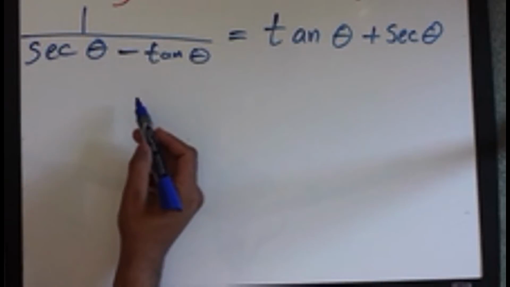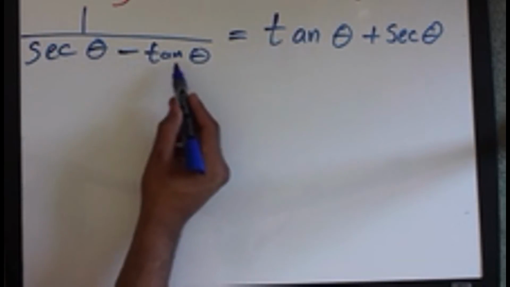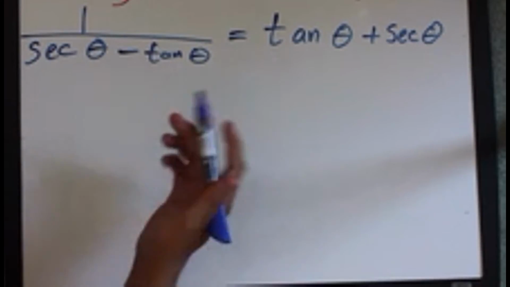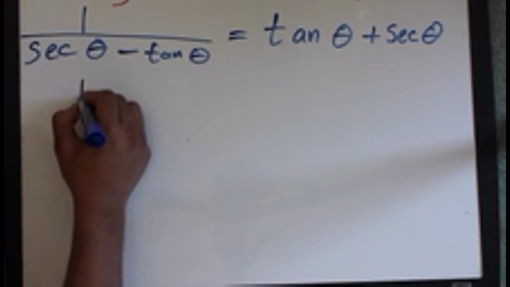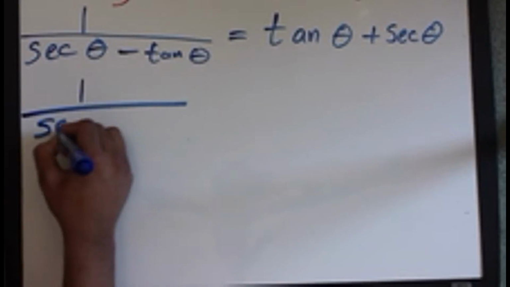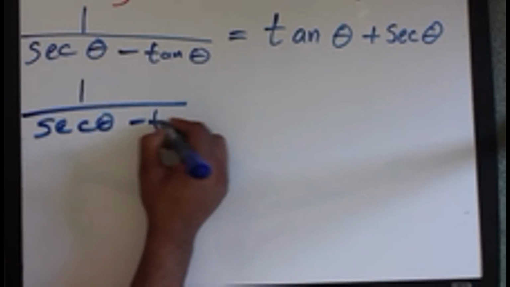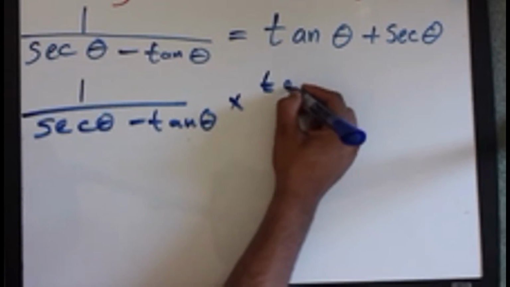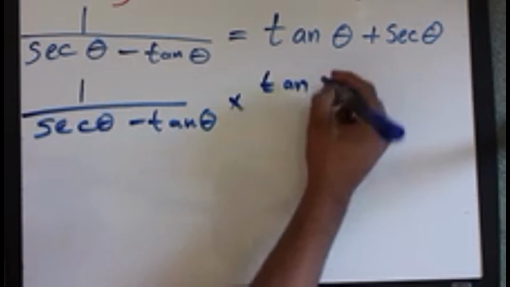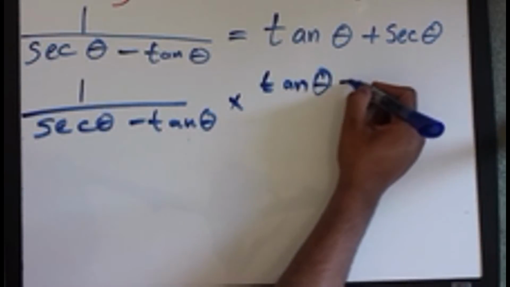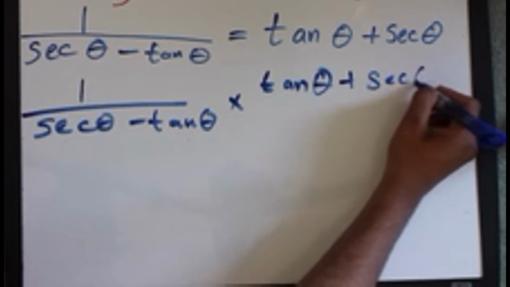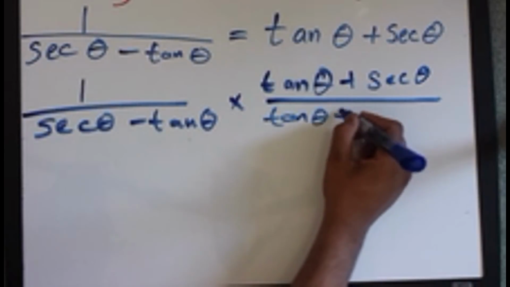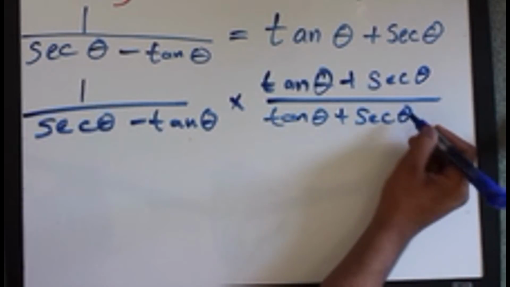First, the left side is the side that we're working with. We multiply the denominator with the opposite, basically the conjugate of it. So 1 over sec theta minus tan theta multiplied with tan theta plus sec theta over tan theta plus sec theta.